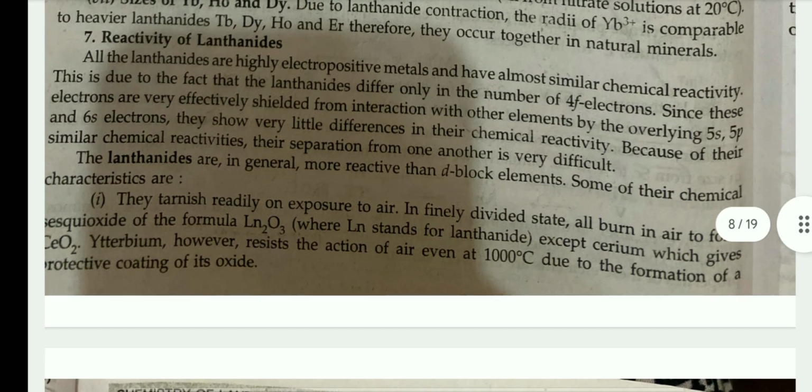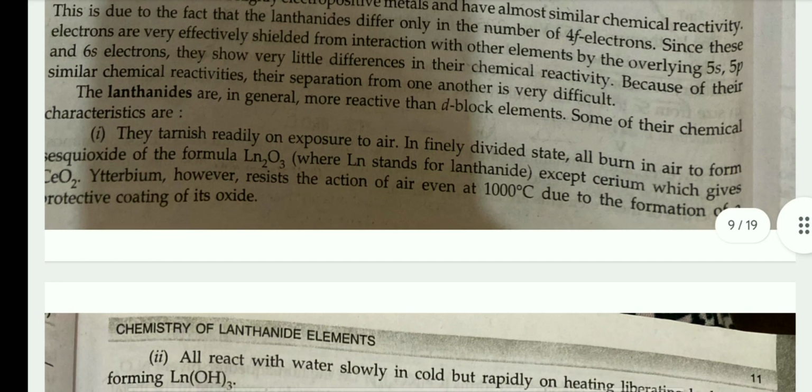The lanthanoids are in general more reactive than d block elements. Some of their chemical characteristics are: they tarnish readily on exposure to air, in finely divided state all burn in air to form oxides of the formula Ln2O3, where Ln stands for lanthanoid, except cerium, which gives CeO2.